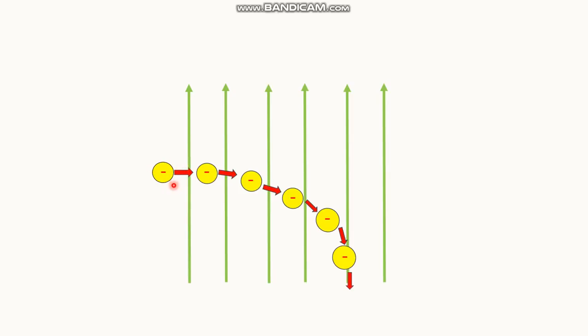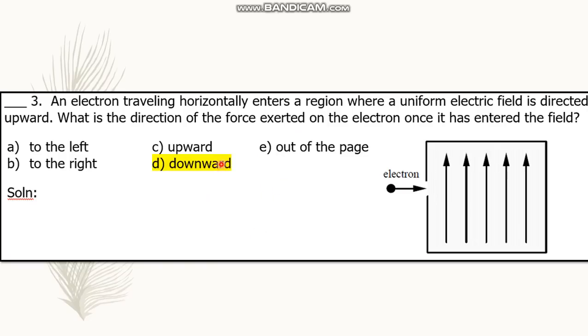So as this negative charge particle or electron moves through this uniform electric field, the force exerted on it is opposite, so it will have a downward direction of movement. That is why the answer for number 3 is letter D.